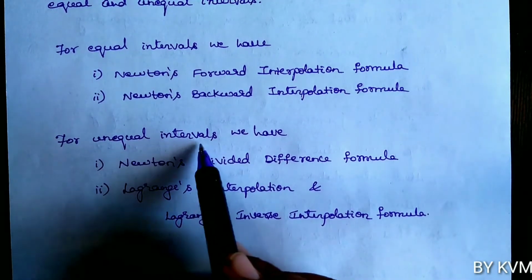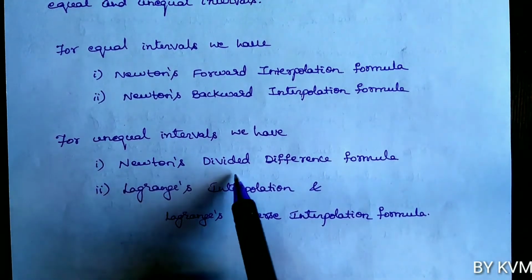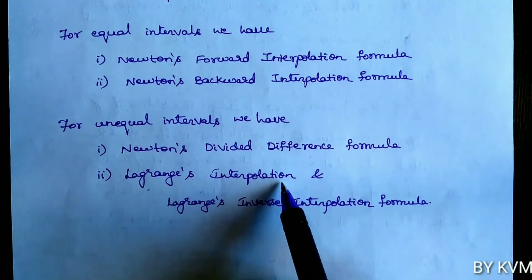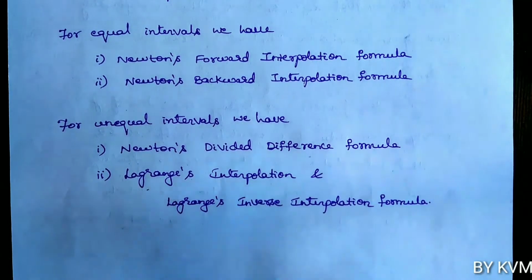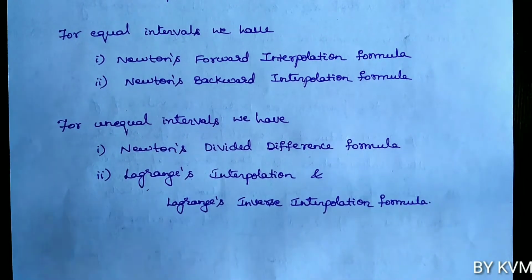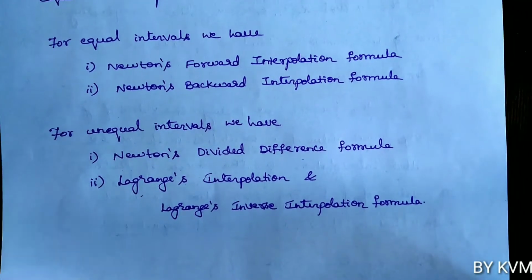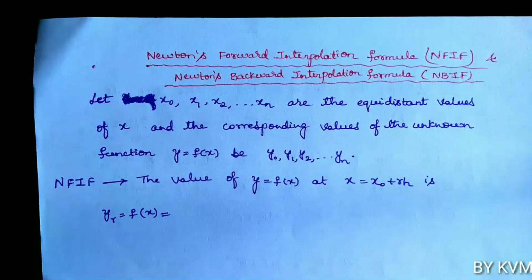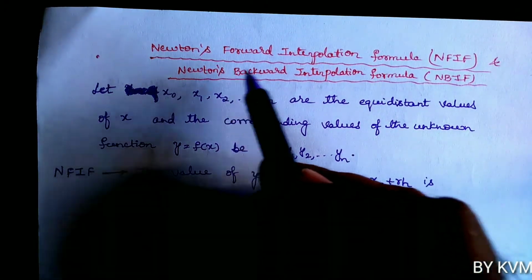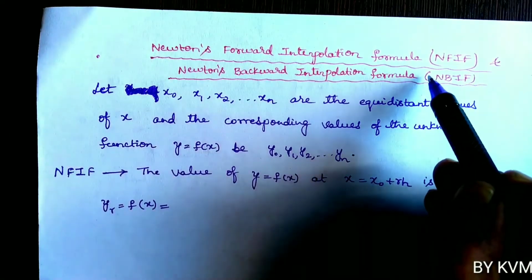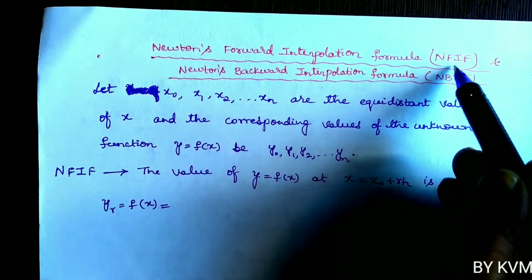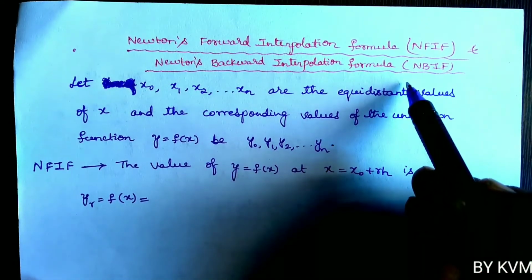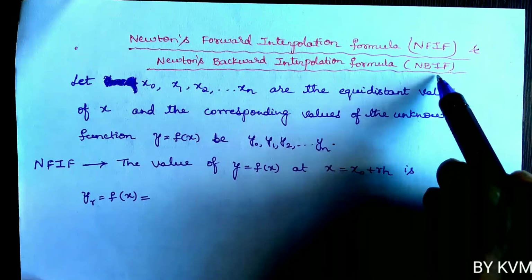And now for unequal intervals we have Newton's divided difference formula and Lagrange's interpolation and Lagrange's inverse interpolation formula. Now Newton's forward interpolation formula, in short we can write NFIF, and Newton's backward interpolation formula, we can write in short as NBIF.